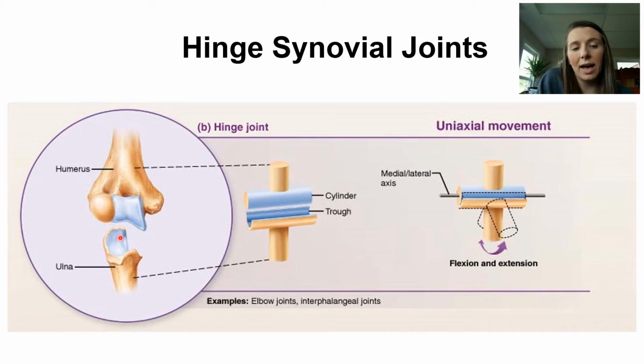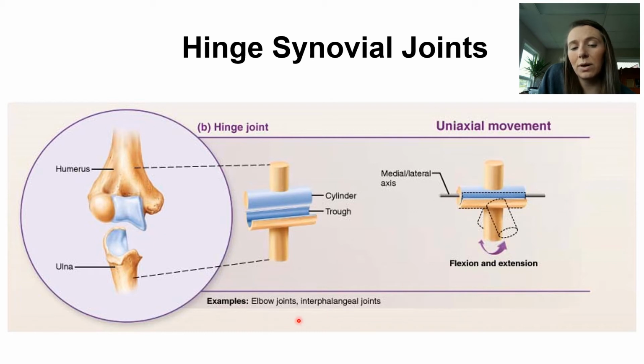We have that big olecranon process coming off of the ulna, fitting nicely onto the capitulum and the trochlea, and then articulating into the posterior side of the humerus on the olecranon fossa. When these two things meet up, we get this flexion and extension movement. Okay, so uniaxial, it's just going along one axis.